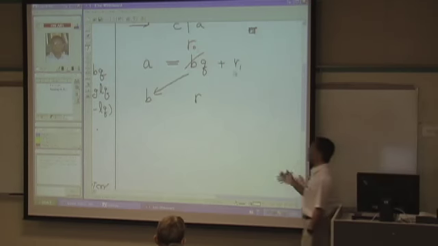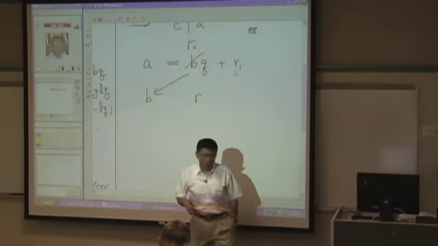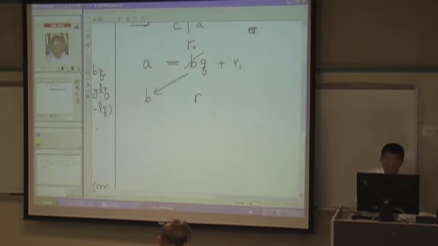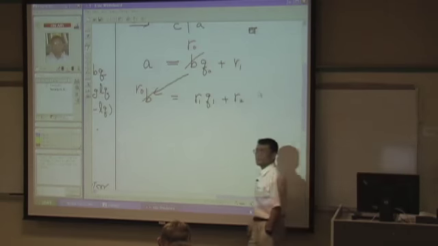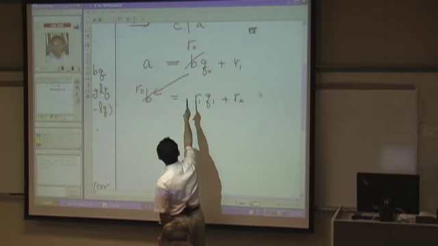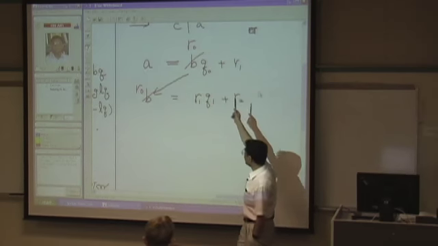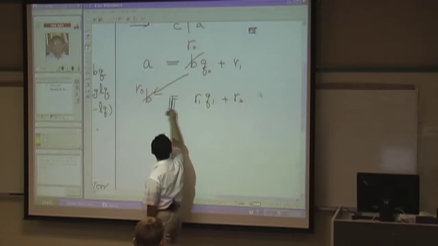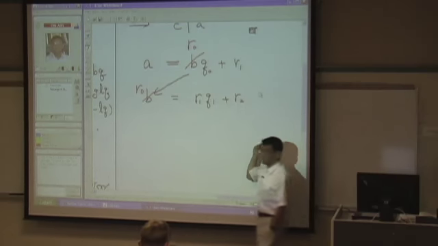Then I can make a uniform description. Because I call this R0, this could be called R0. Instead of B being R0, I can write it this way. Do you follow me? So A, B, GCD is R0, R1, GCD, and then R0, R1, GCD is R1, R2, GCD.